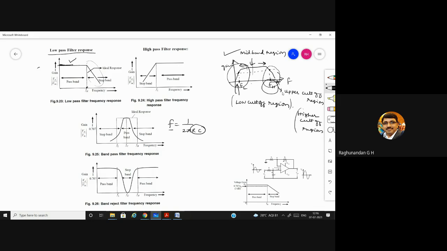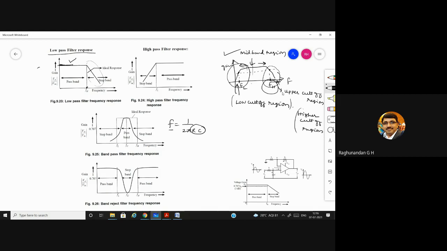Now, this is known as the pass band. Pass band means the frequency range which is allowed to pass through the op amp, and that will be delivered across the output. And after the cutoff point, whatever you have is known as the stop band.